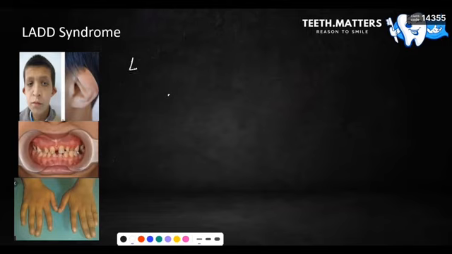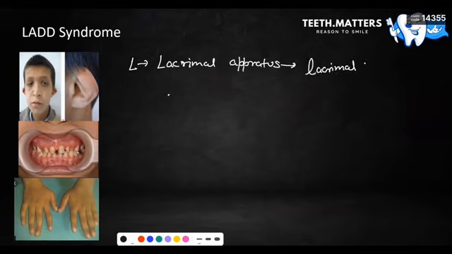There is involvement of the lacrimal apparatus, with lacrimal sac inflammation, and there is also lacrimal gland aplasia.